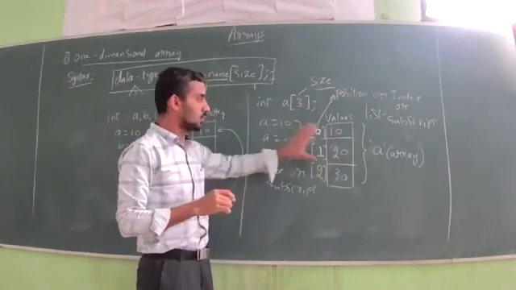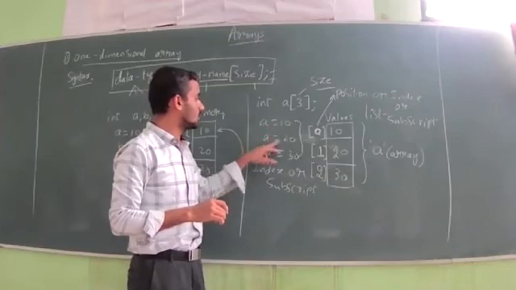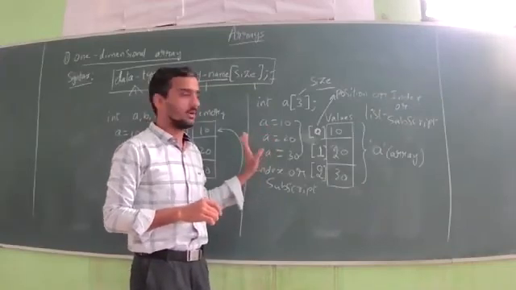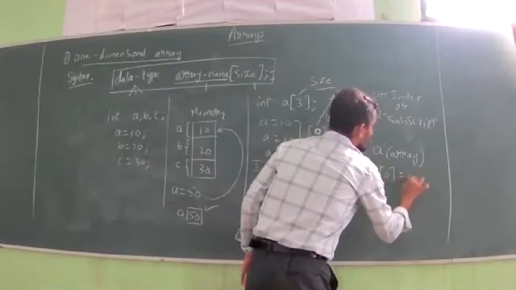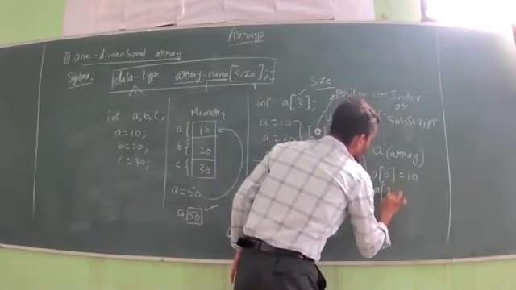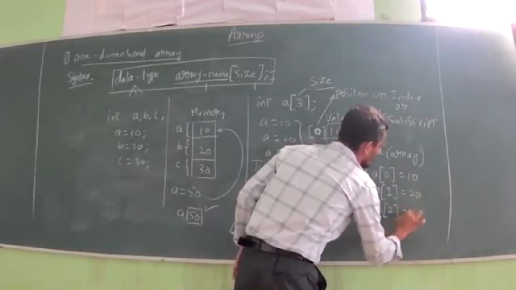Now, if I want to store the values, how do I have to store them? If we write a equal to 10, a equal to 20, a equal to 30, it will not store, it will give an error. So I should say like this: a of 0 is equal to 10, a of 1 is equal to 20, a of 2 is equal to 30.